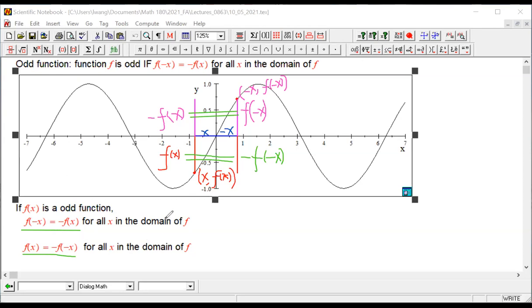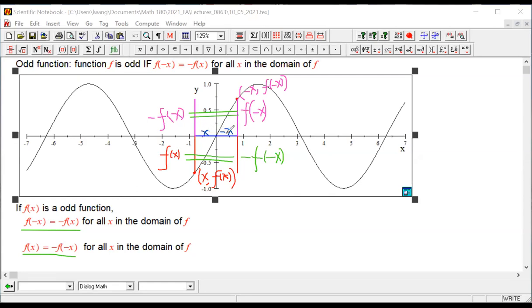If sine is in the place of f. In other words, the rule of sine is in place of f, because sine is an odd function. We have recognized it, right? So we have all these general descriptions of odd function. If I put sine in place, what will happen? Okay, so I'm going to write it.